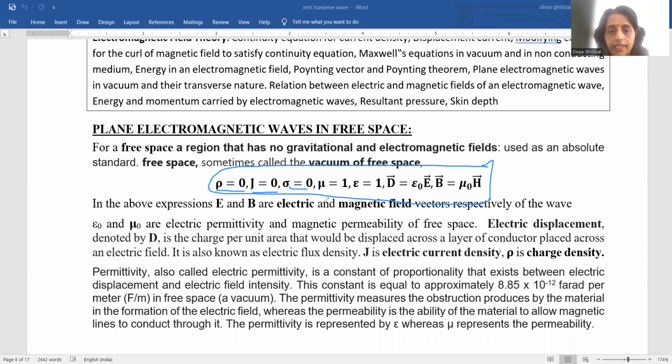That means the electric field and magnetic field are perpendicular to each other and perpendicular to the velocity of light. So this is very important.